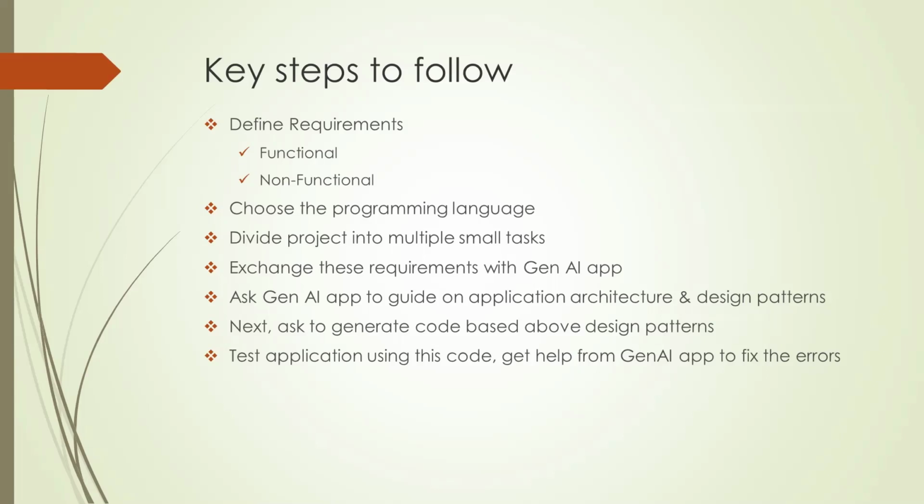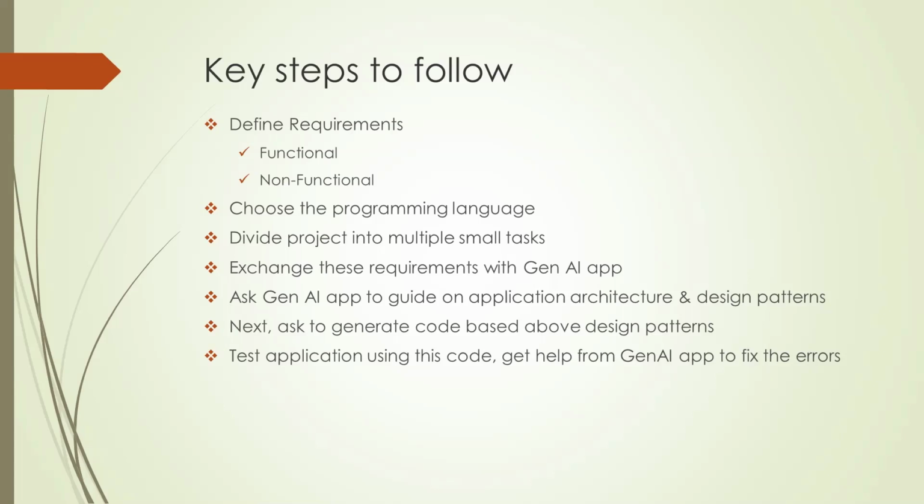Once you are done with all these steps, you have defined the requirement, you have selected the programming language that you want to use, and also the small tasks you have defined for individual steps or individual timelines, now take all of this requirement to the GenAI application and give the prompt similar to how we have defined here, right?